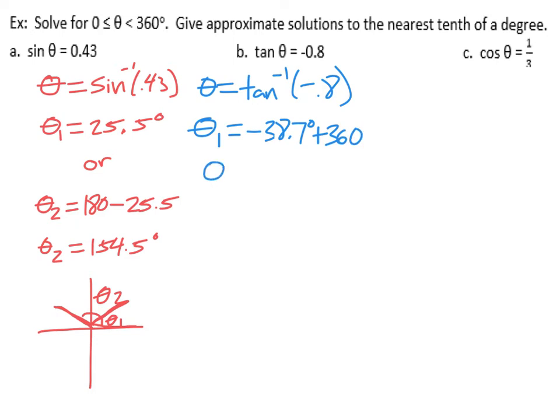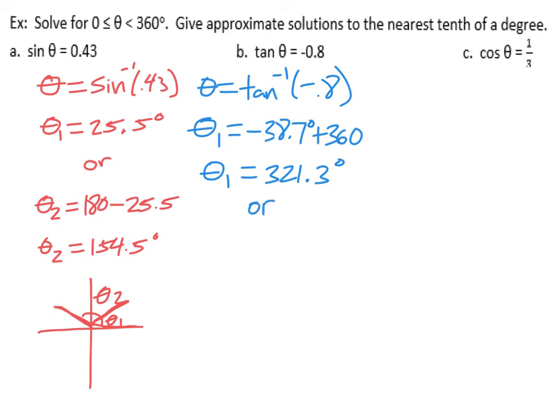Coterminal. Add 360, right? And we get 321.3 degrees, and there you go. Life is good. Coterminal solves everything.